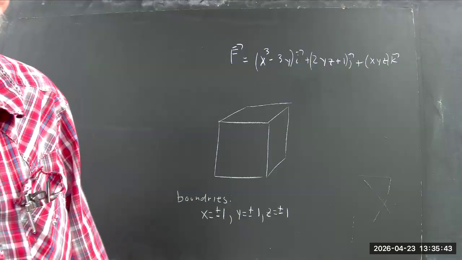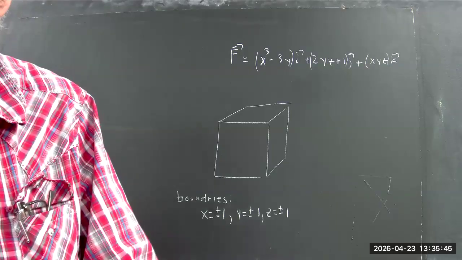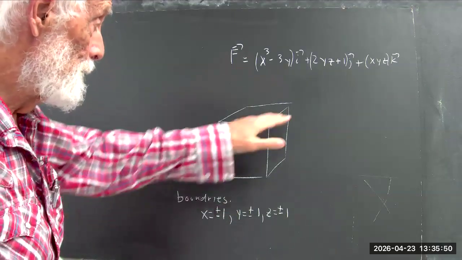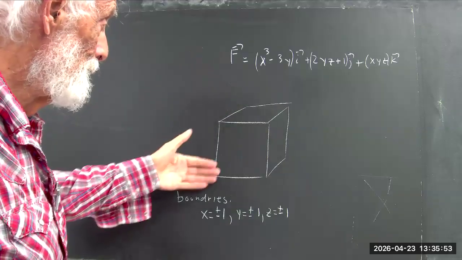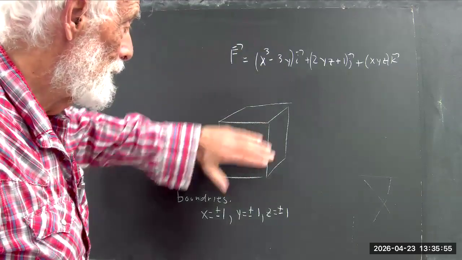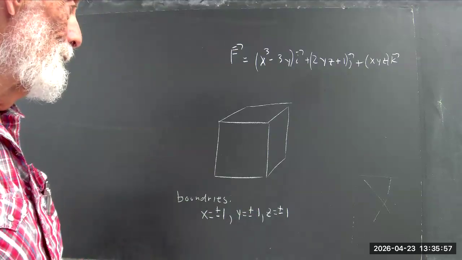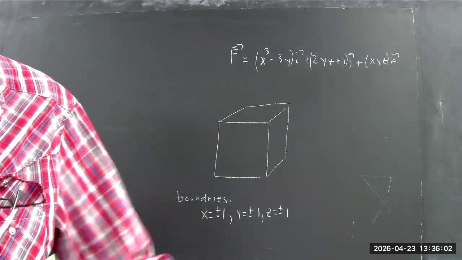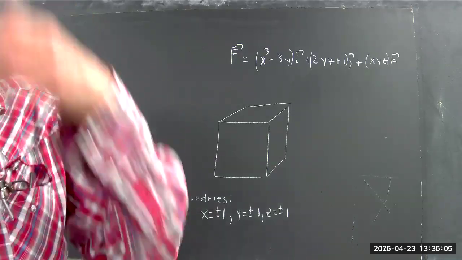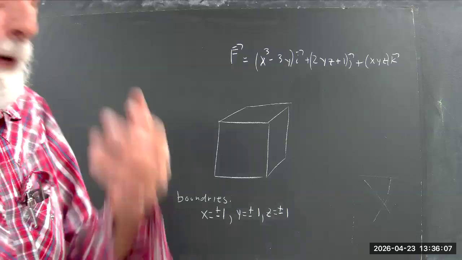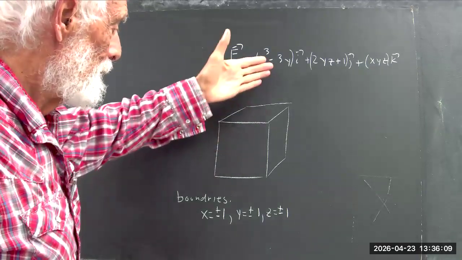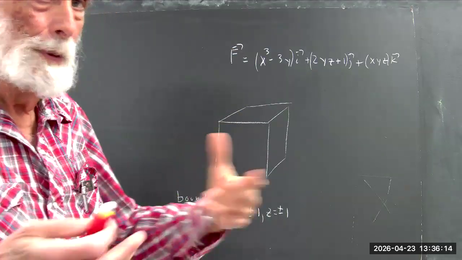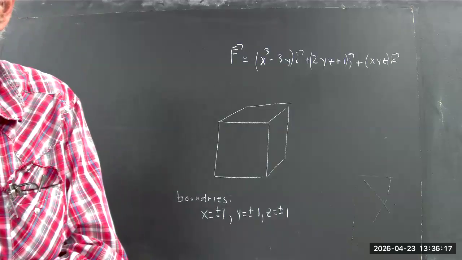Now, if we want to directly calculate the flux, we're going to have to calculate the flux on this face and this face and this face, and so on. You get the idea of 6 faces, so we'd have to do 6 surfaces. If there's some symmetry involved, maybe the integral over z equals 1 and z equals -1 will have some relationship, which cuts it down a little bit.